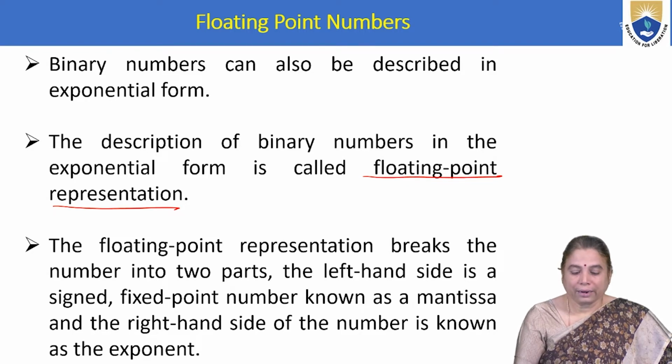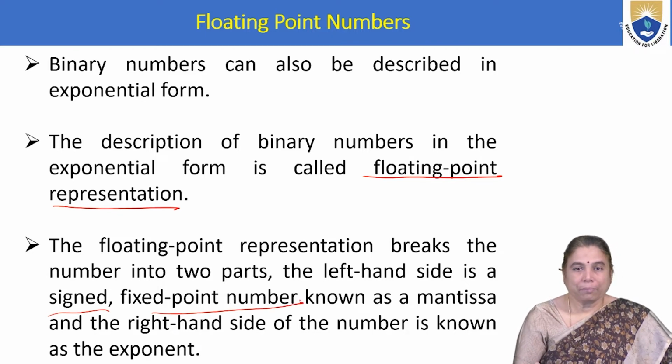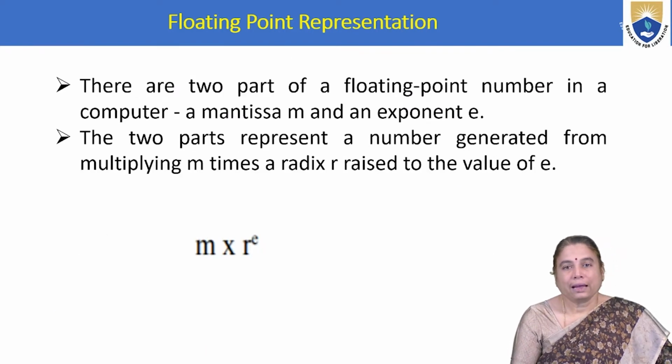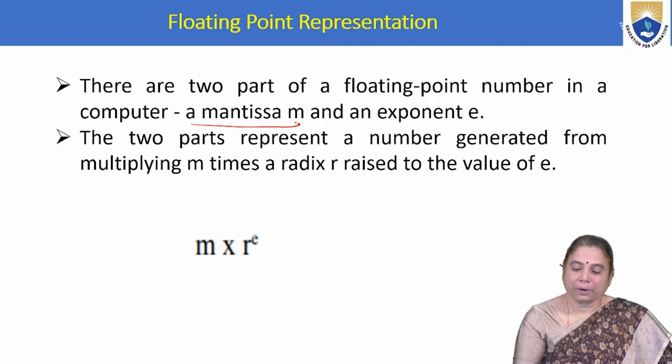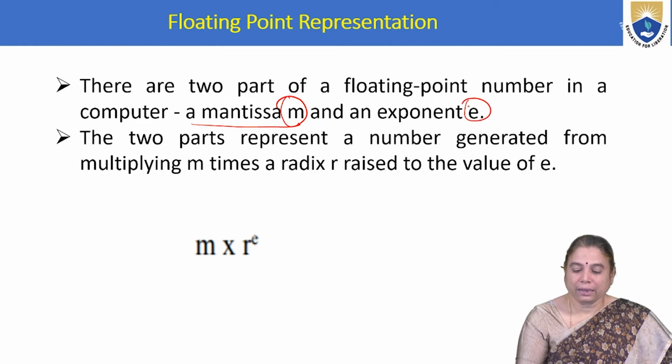The left hand side is the signed fixed point number, known as the mantissa. The right hand side is known as the exponent value. So there are basically two important parts to represent floating point numbers: the mantissa m and the exponent e.